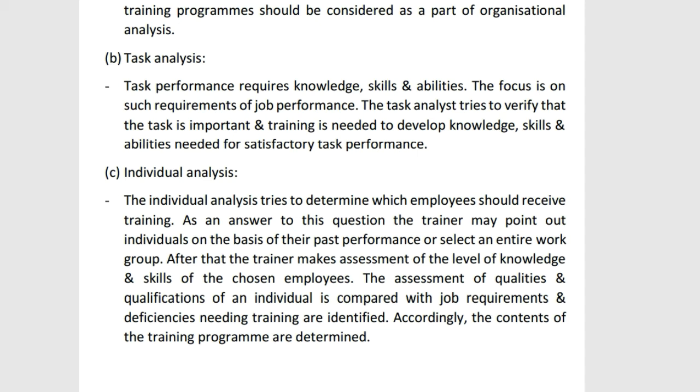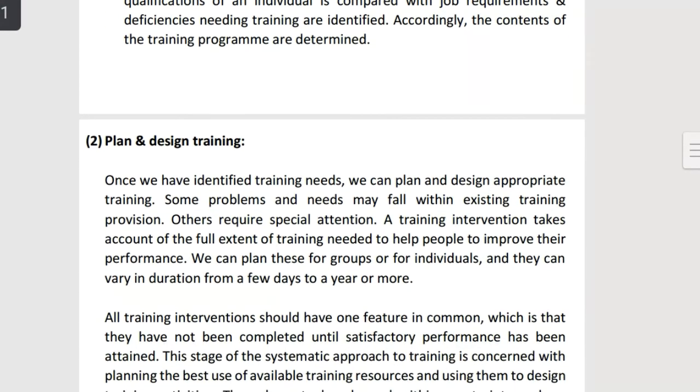The assessment of qualities and qualifications of an individual is compared with the job requirement, and deficiencies requiring training are identified. So here the assessment of individuals can be done in both ways, either individually or in a group. Accordingly, the content of the training program is determined.